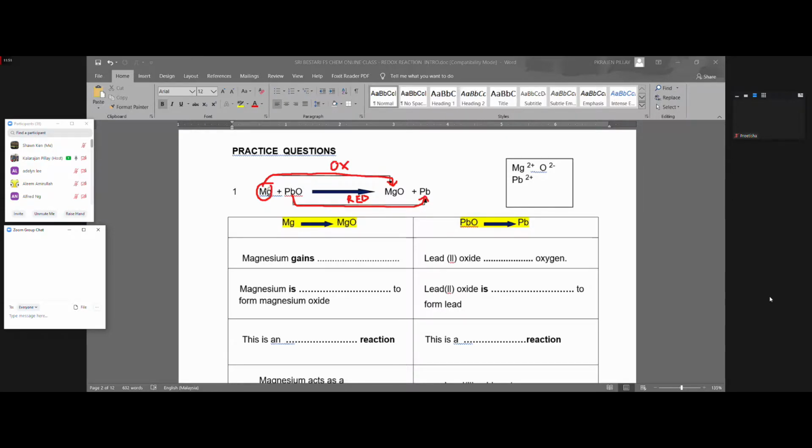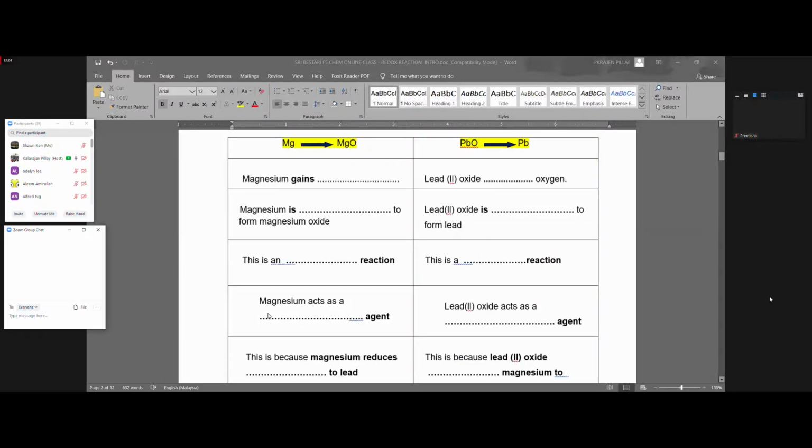So here, write it down first. PbO acts as a what agent? Okay, we will clear first. So here I put magnesium acts as reducing agent, lead 2 oxide acts as an oxidizing agent. Then the last part. Why is it reducing agent? Because magnesium reduces, in words, I want to write in words, lead 2 oxide, put Roman numeral 2, lead 2 oxide to become lead.